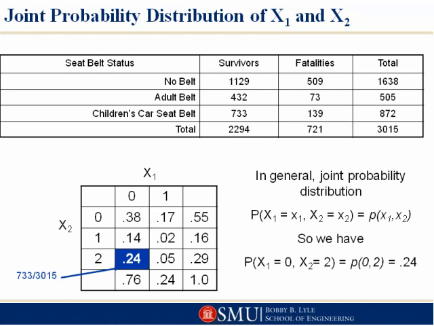So what is a joint probability distribution function associated with X1 and X2? X1 takes the value of 0 and 1: 0 if they survive, and 1 if they do not. And X2 was tracking no belt, adult belt, or children's car seat belt, so those are the 0, 1, 2 values.